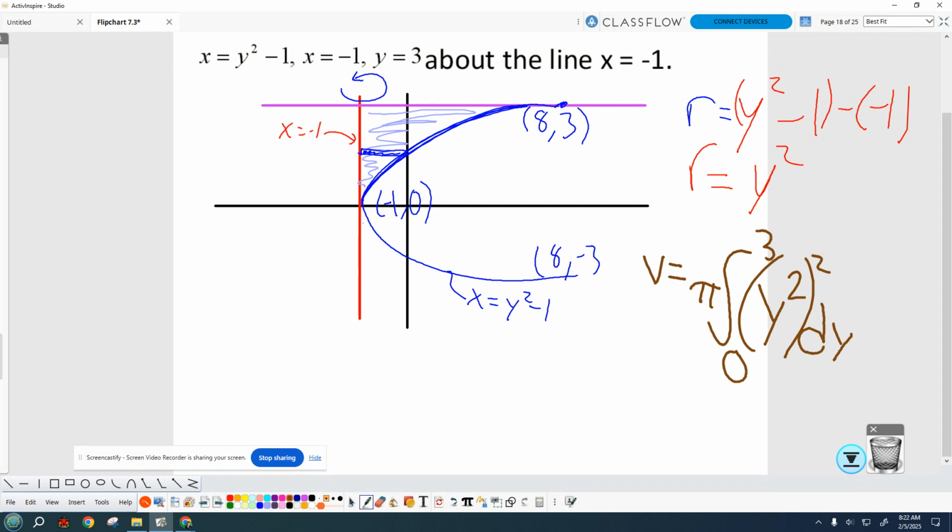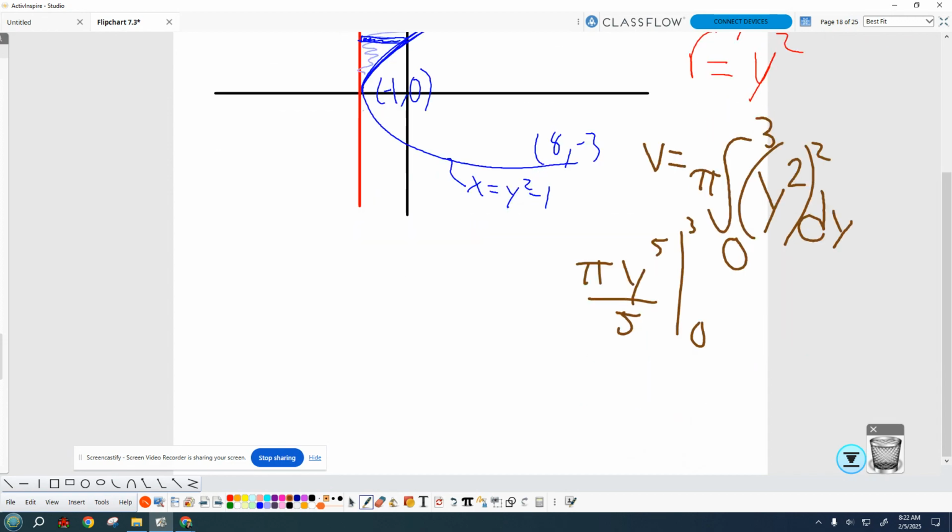Raise the power, divide by the new power, plugging in from 0 to 3. 243 pi over 5.